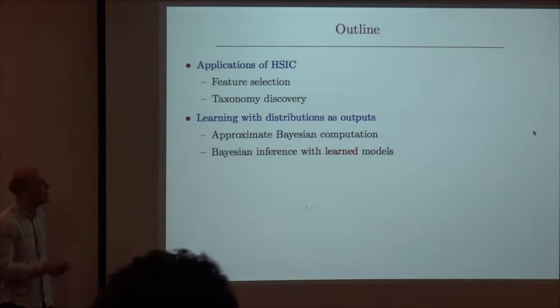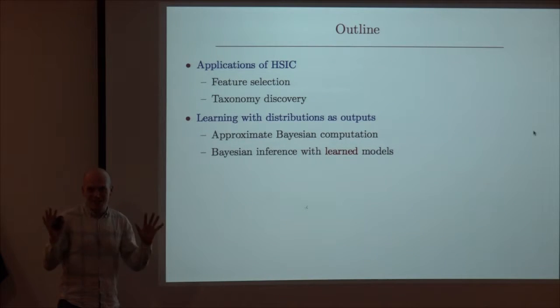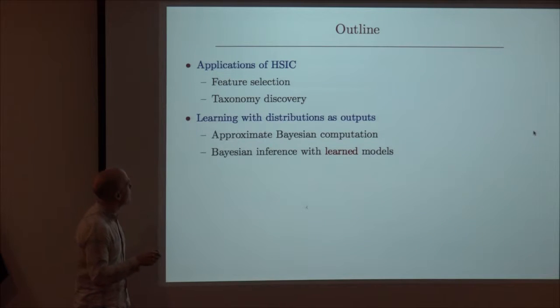So this is a way of using a dependence measure to discover structure in data. I might discover structure by finding features, or by clustering in such a way that I maximize the dependence of the cluster labels on the features of my data. So this is one class of problems I can talk about.